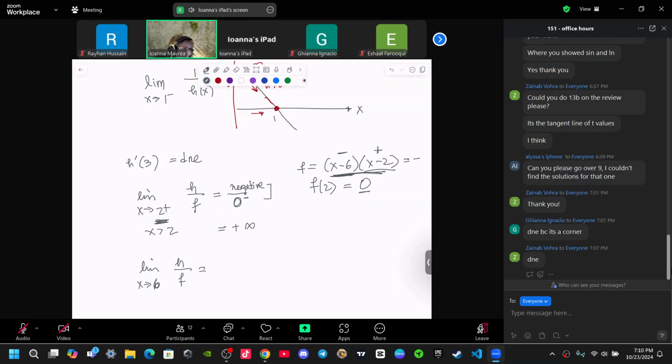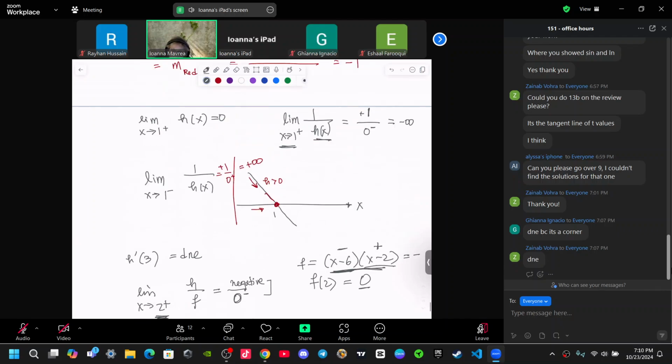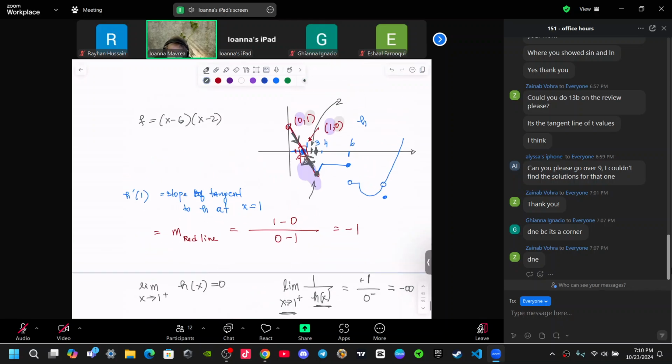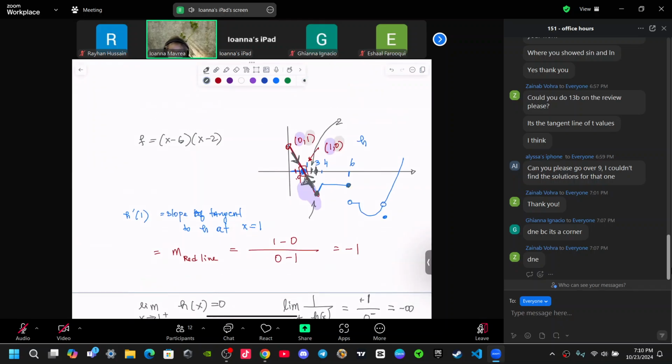So, oh, 6. Okay. Let's do the negative first. So what's happening with 6? So 6 were here. So if we're going to 6 from, what does it say, left? From the left side first.